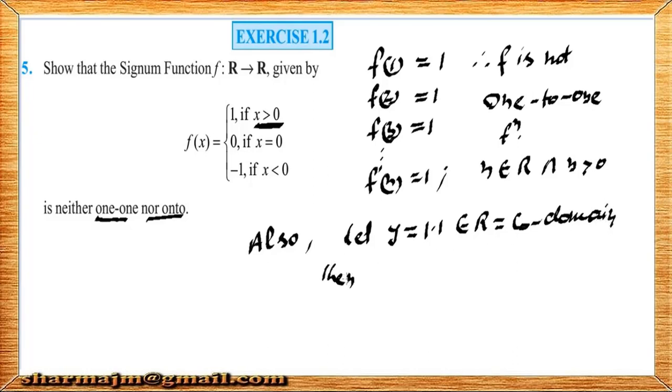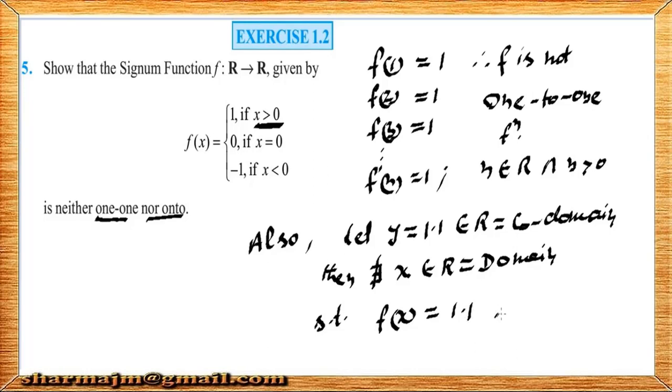Then we observe there does not exist any x in R domain such that f of x is equal to 1.1. So therefore f is not onto.